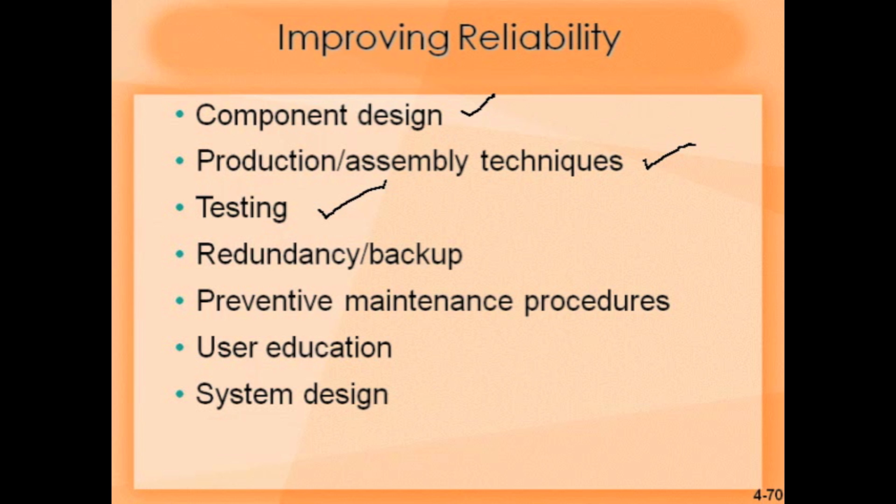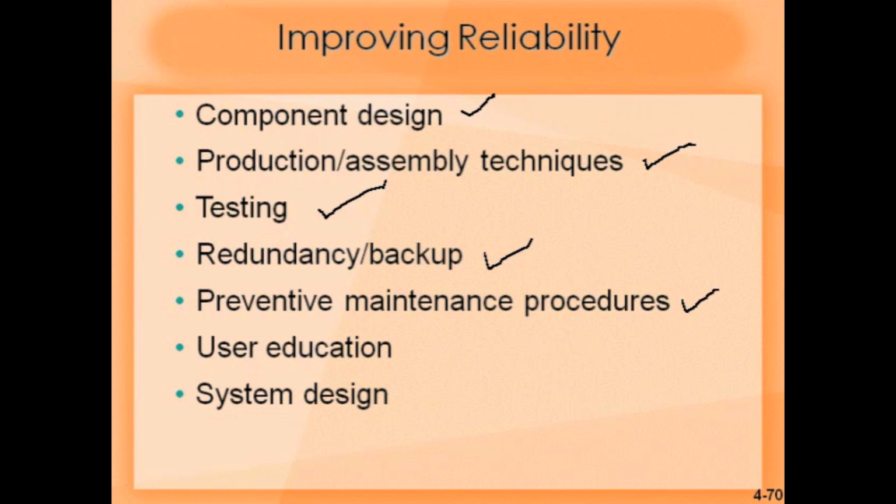Sometimes products come with redundancy or backup, like they may have two of them, so even if one fails, the other one keeps on working. In some aircraft, you have two engines. If one engine fails, the other one works. So that is redundancy or backup. Just like in the human body, you have two kidneys, so even if one kidney is not working, still the basic functions can be done.